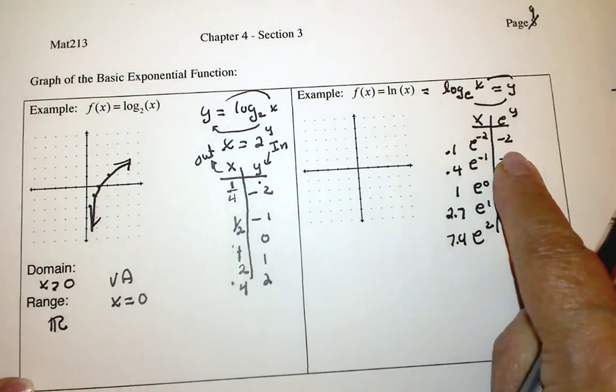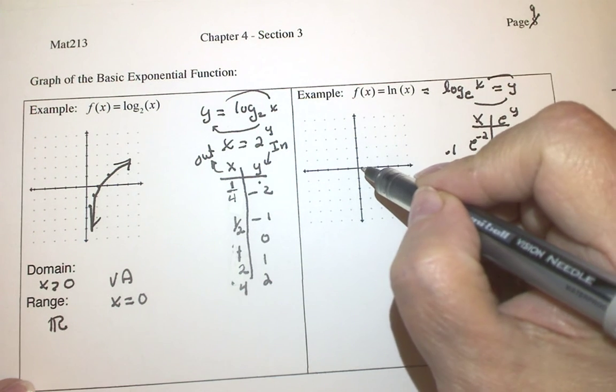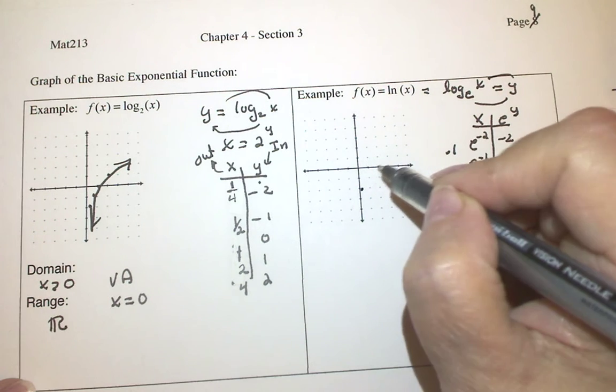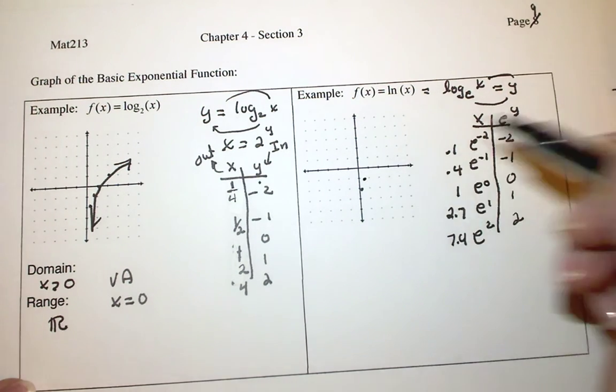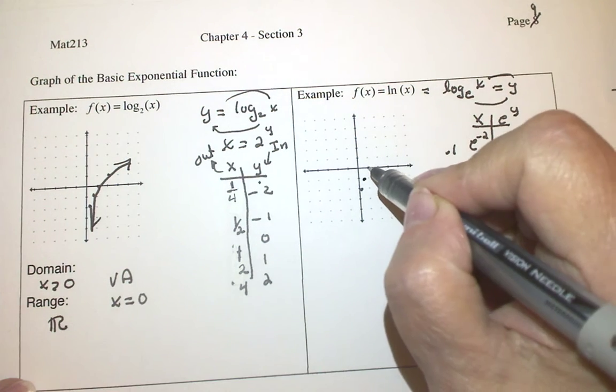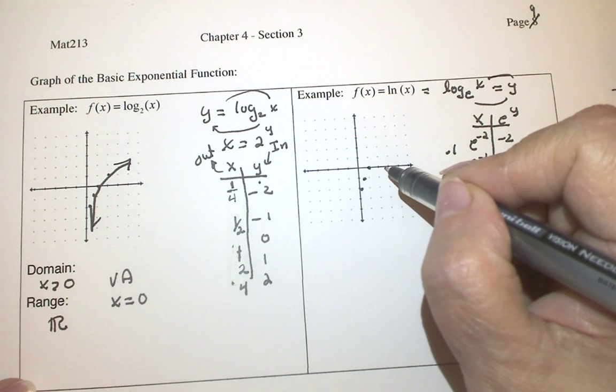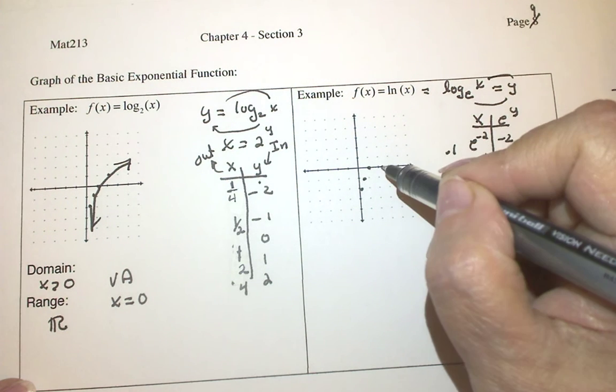So 0.1 is negative 2. 0.4 is negative 1. 1 is 0. 2.7 is 1.